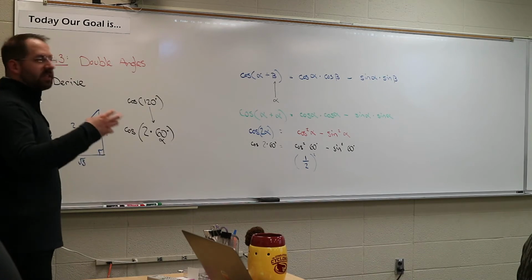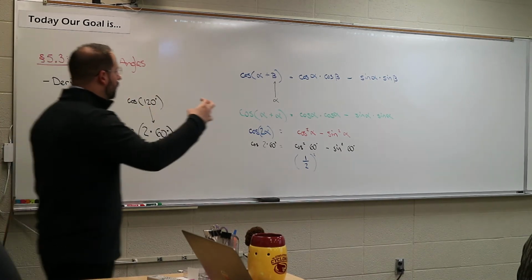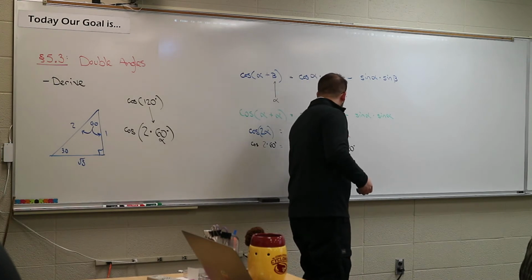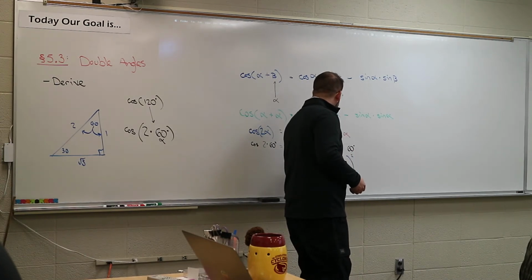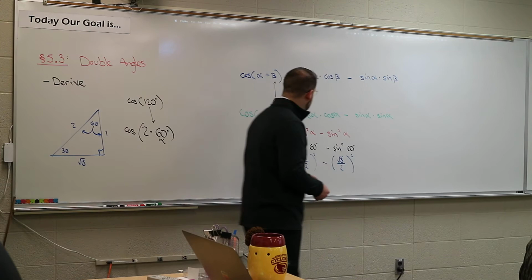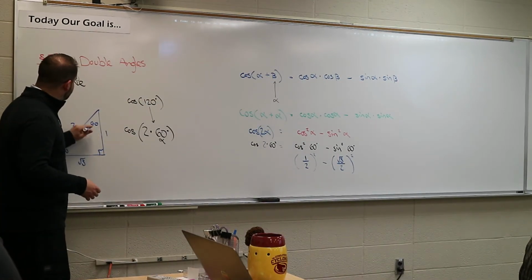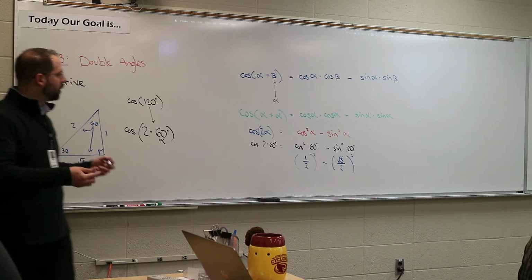Then we're going to subtract sine of 60, which is the opposite over the hypotenuse, so root 3 over 2, and we're squaring that.